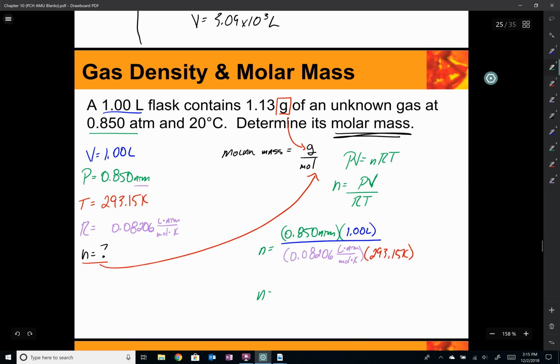And if I do this math, I got n is equal to 0.03533 moles.